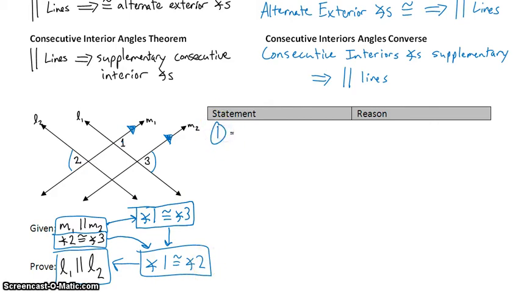I'm going to start with my first given. Because my lines are parallel, my corresponding angles will be congruent. That's the corresponding angles postulate.